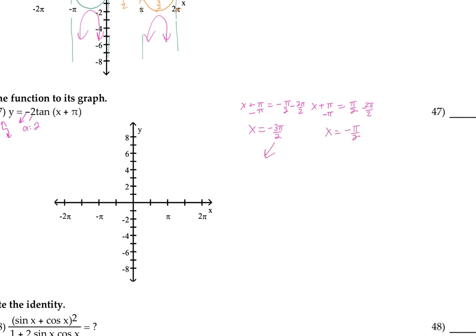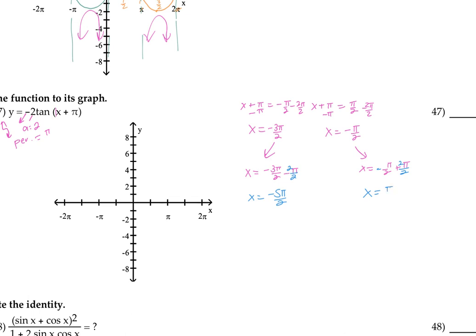To the one on the left, I'm going to subtract the period, which is pi over b. B is 1, so period is just pi. Subtract the period, and to the one on the right, I'm going to add the period. 2 pi over 2, so this is negative 5 pi over 2. And then, sorry, this should be negative pi over 2 plus 2 pi over 2.